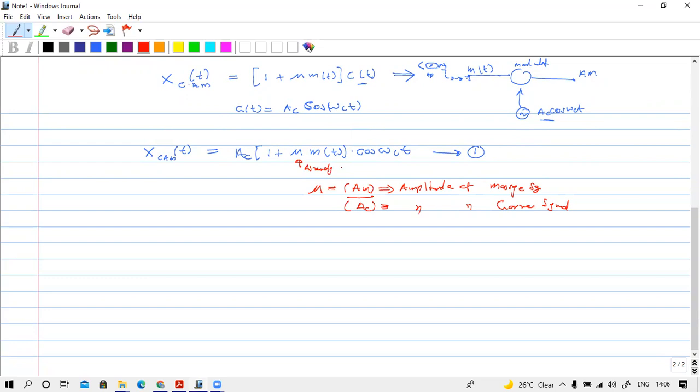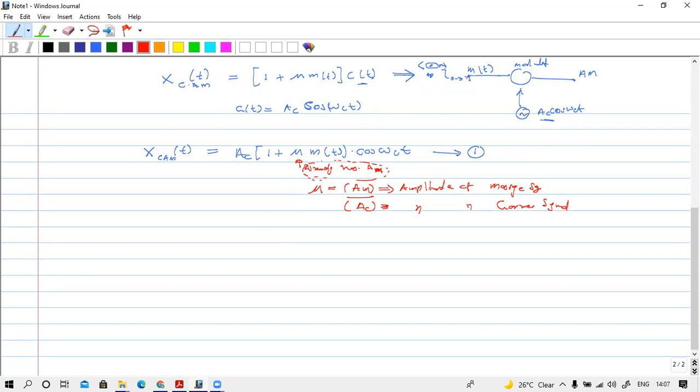I will explain this further in our example, in our question. At this time, just keep this in your mind: this mu already has the amplitude component.